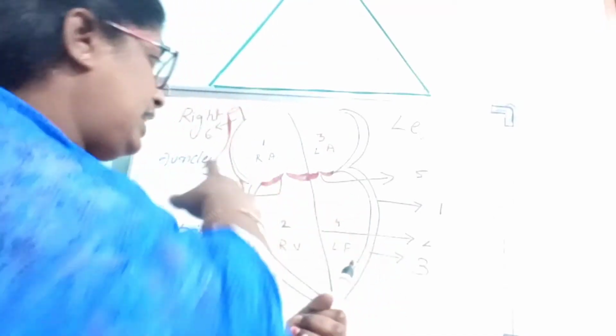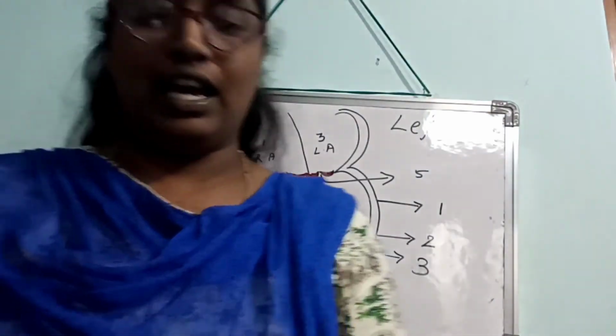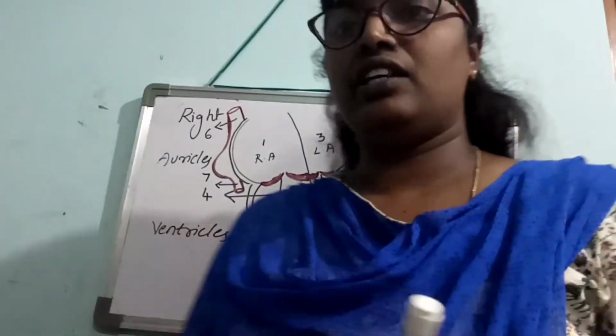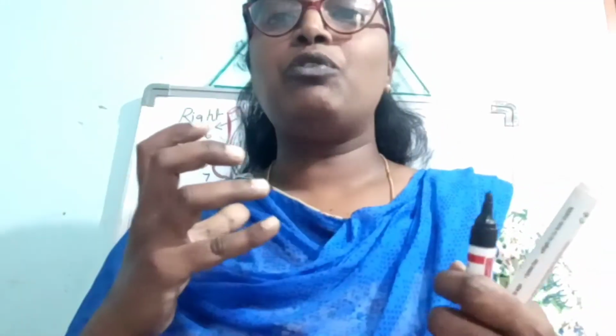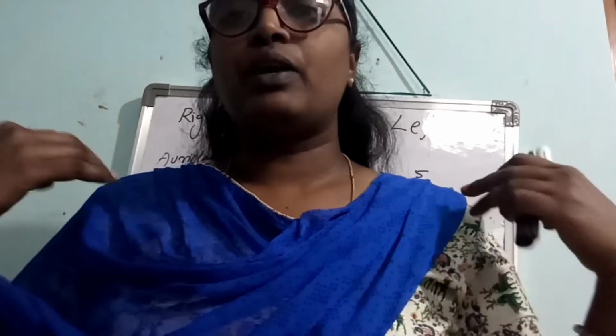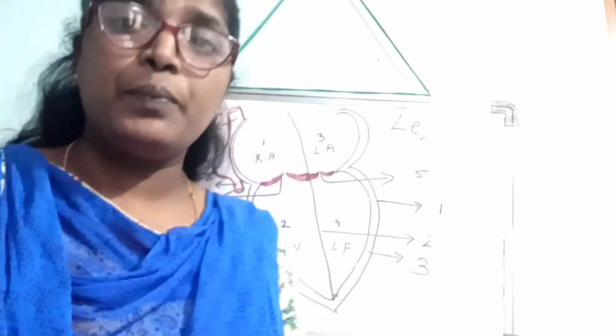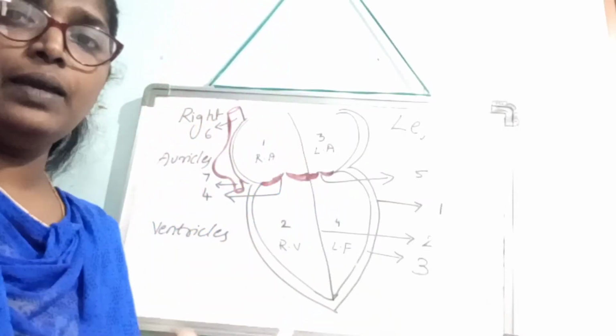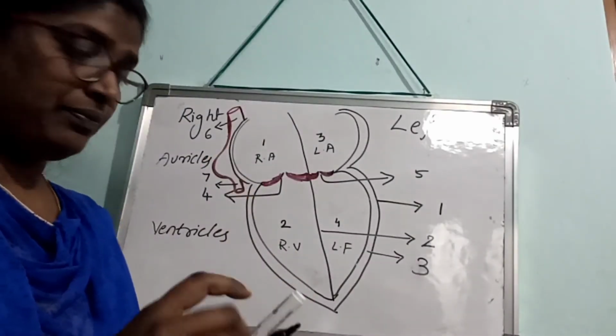And then the inferior vena cava, which is towards the down portion of the right auricle, will collect impure blood from the shoulder region to the hands and legs. That is, from the lower body part, the inferior vena cava is bringing the impure blood to the heart.